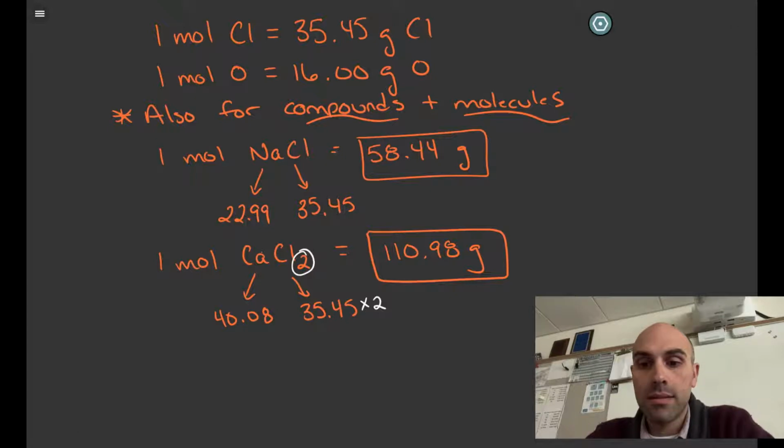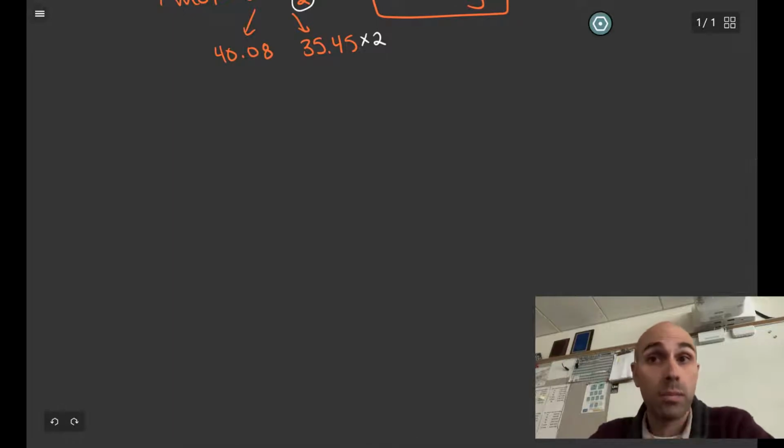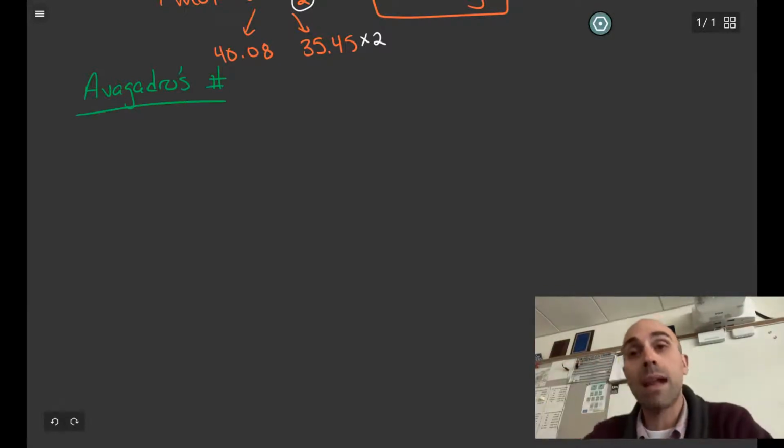All right, let's keep on keeping on, right? Another term that we have to familiarize ourselves with, or refamiliarize ourselves with, is that of Avogadro's number. 6.02 times 10 to the 23rd atoms, molecules, or particles.